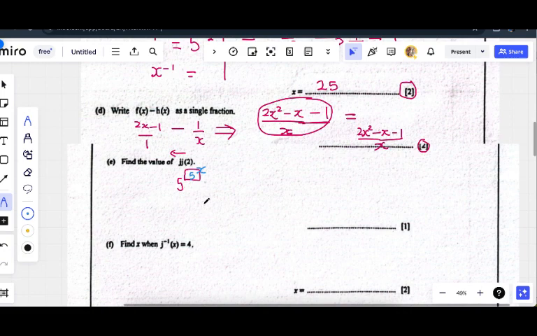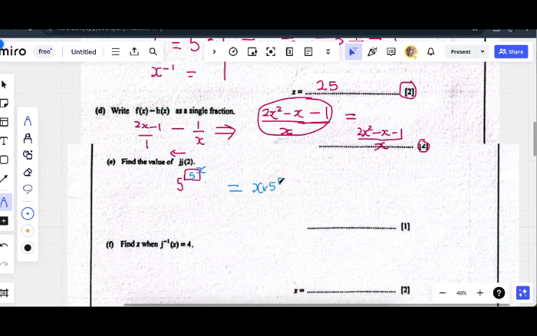In indices, or logarithm, this x will come to the back. 5 to the power of 5 to the power of x becomes x times 5 to the power 5.